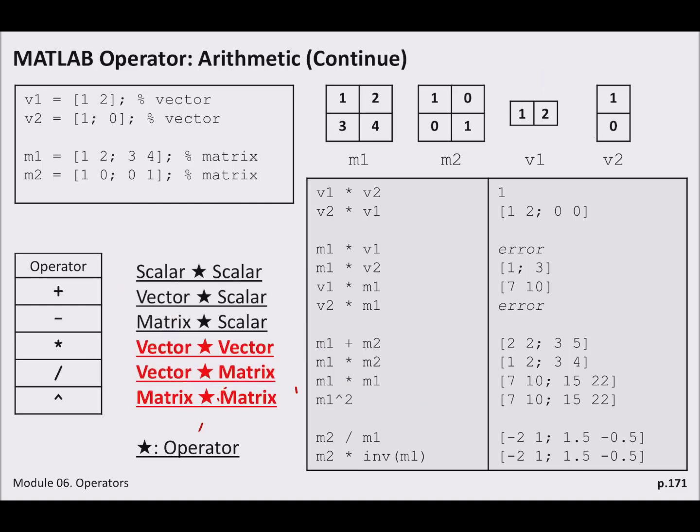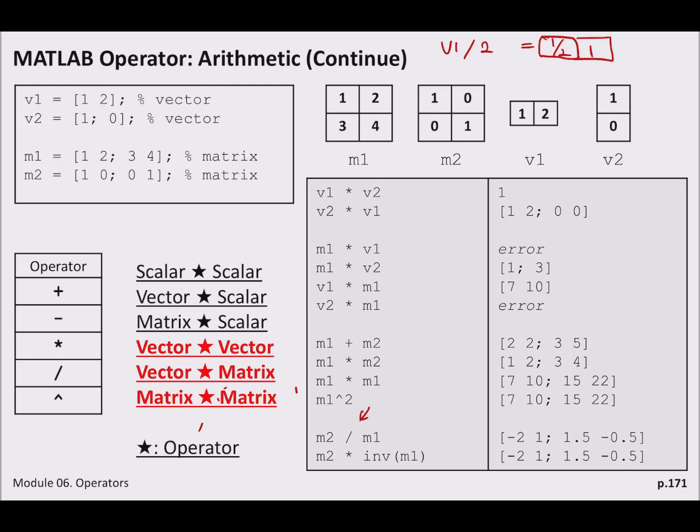Okay. What is the backslash? This one. Okay, we saw this division backslash between the scalar and vector and matrix, right? For instance, V1 backslash, let's say 2 means you will get this one, right?